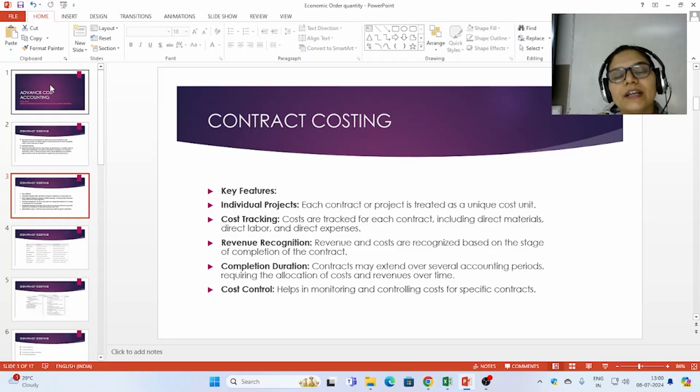This is one of the additional features of contract costing. The contractor is paid in installments, after the work has been completed or certified. The work is certified by the architect, engineer, expert, or any other valuer.